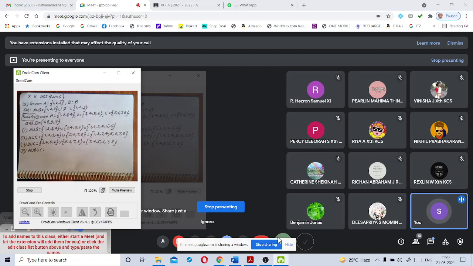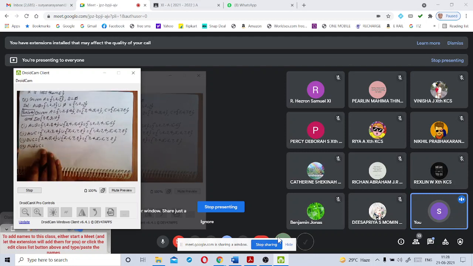Now come to this question: A union B union C. We can't find directly the union of these three sets. In that case, first of all, we have to use small brackets for any pair of these three sets. So first I will write (A union B) union C, because union of sets satisfies the associative property.